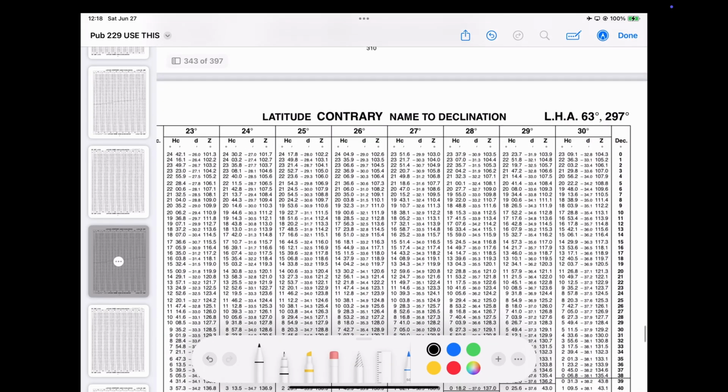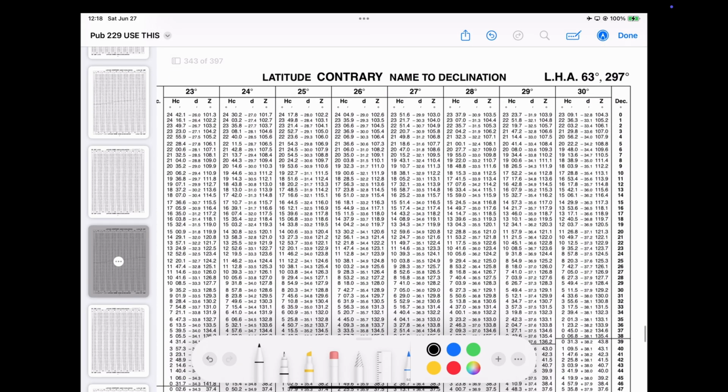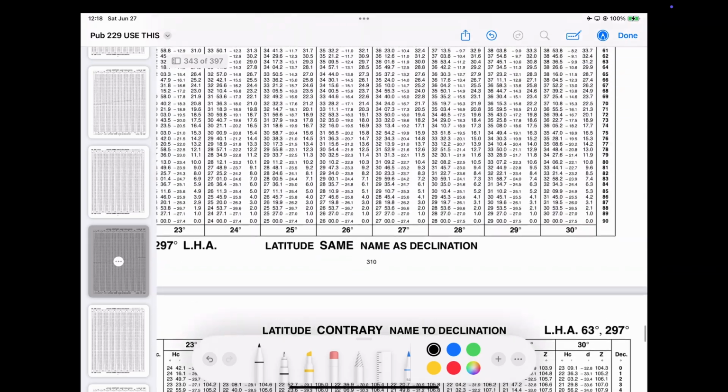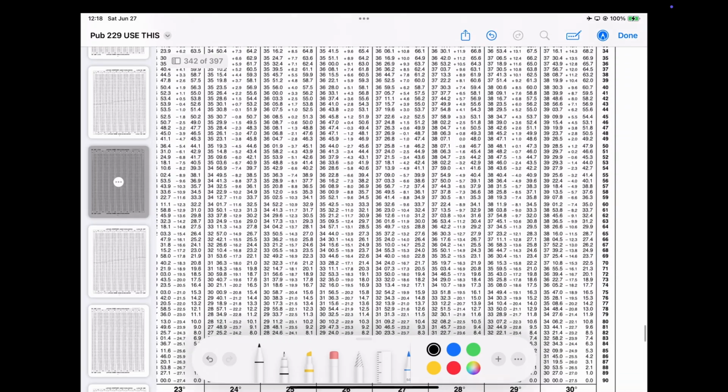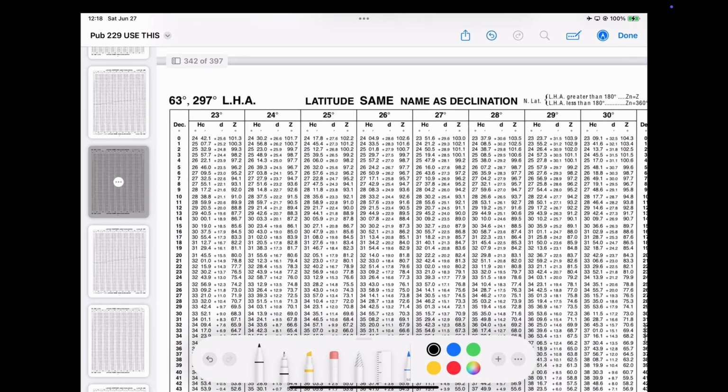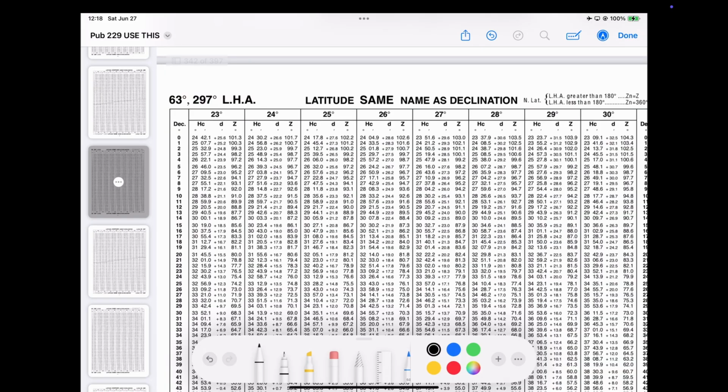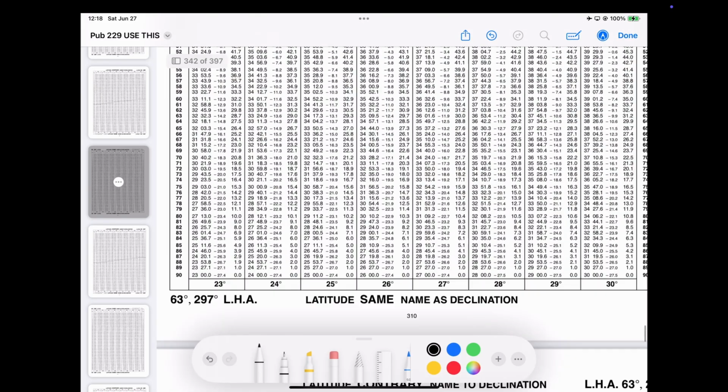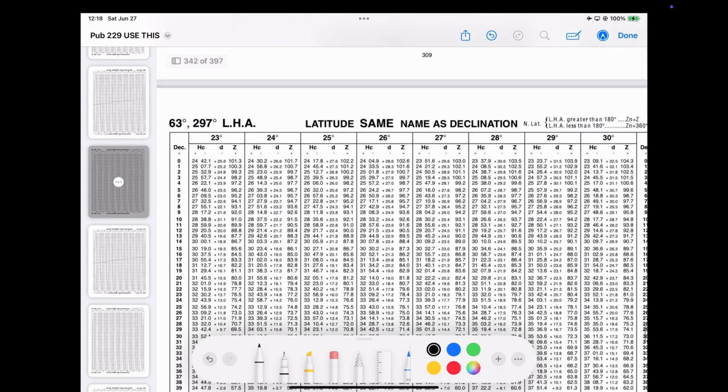This one right here is 63 LHA, but it's contrary. So let's look at this page. 63 degrees LHA, and it's the same.